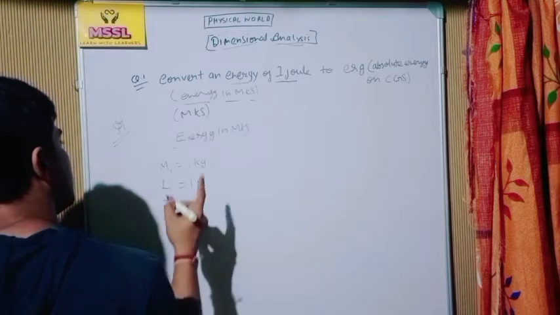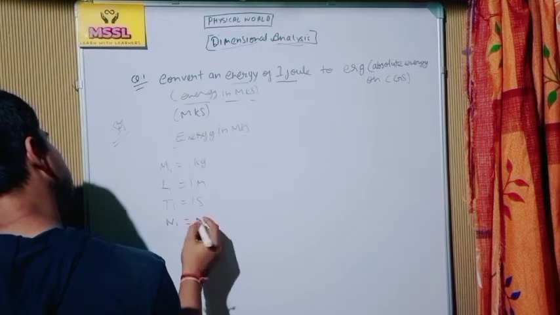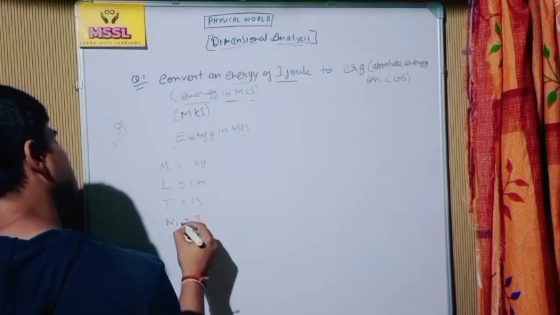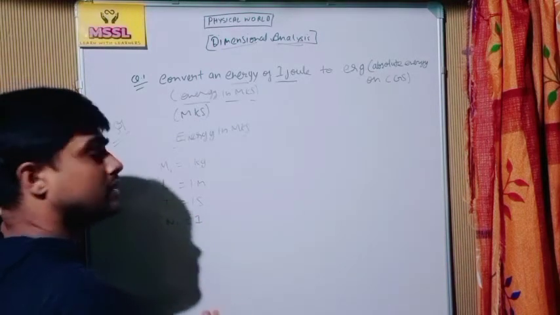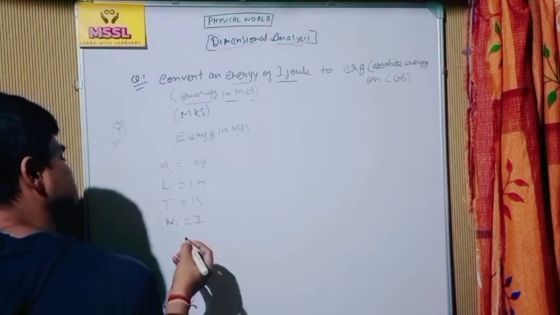The last one is N1. N1 is 1 joule. N1 is how much energy there is.